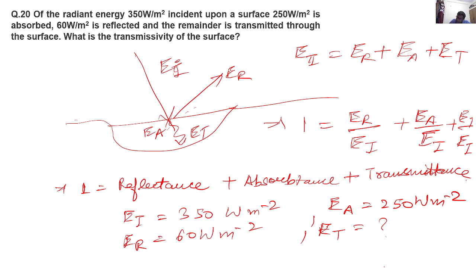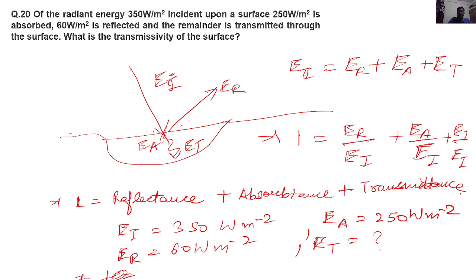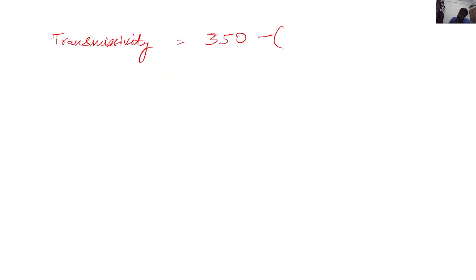So you just use this equation, or you just sum them up. So the transmissivity comes out to be 350, which was incident, minus 250, which was absorbed, plus 60, which is reflected.